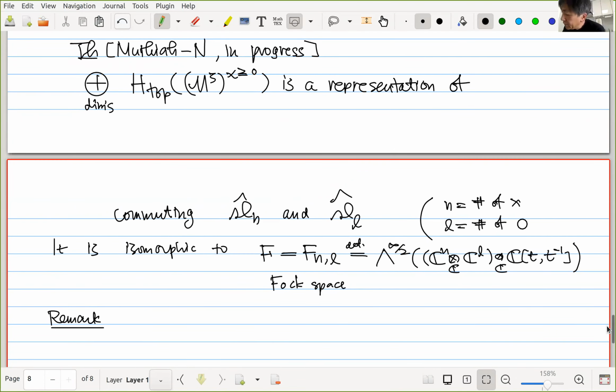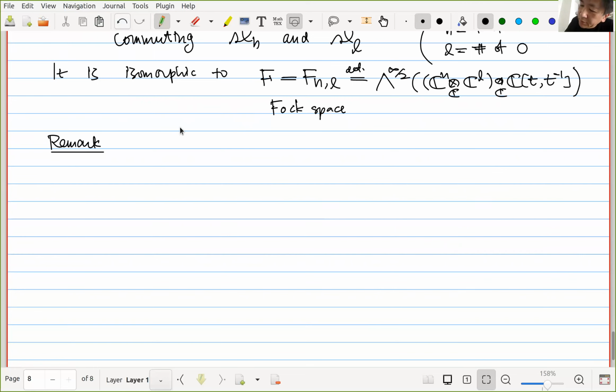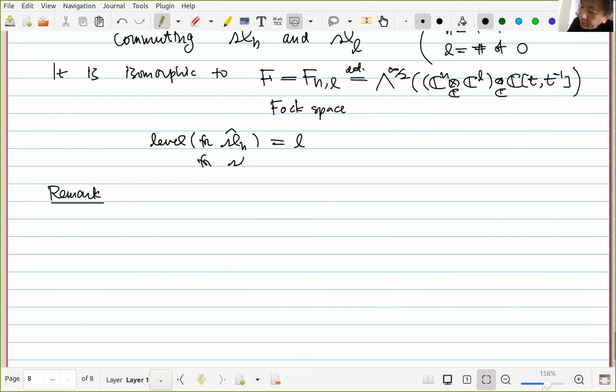The level for affine SL_n is equal to L, and the level for affine SL_L is equal to N. So this is a level-rank duality.